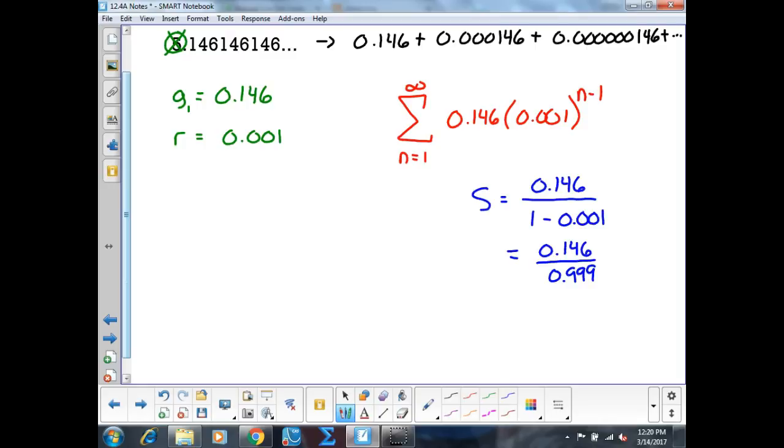So that's 146 over 999. Okay? So the final fraction then is going to be that repeating decimal plus the 5. Right? Okay?